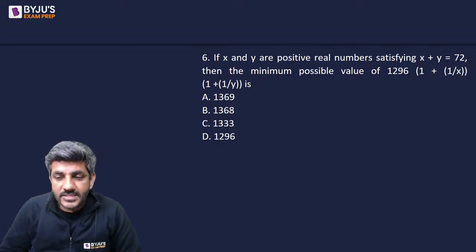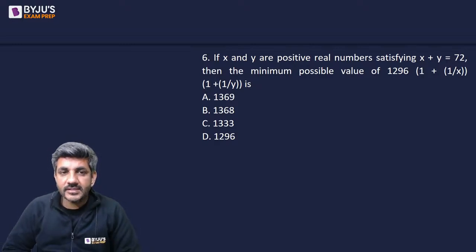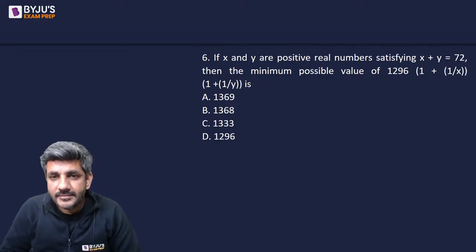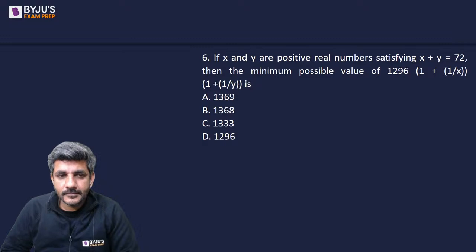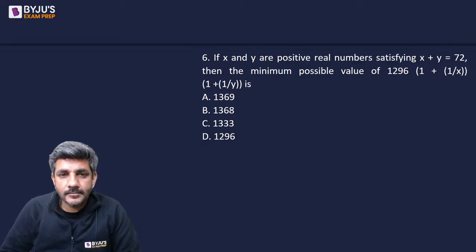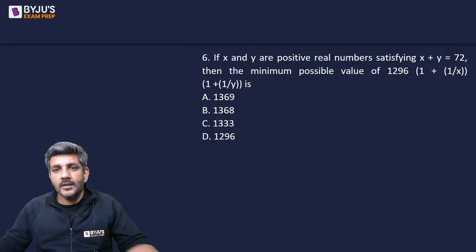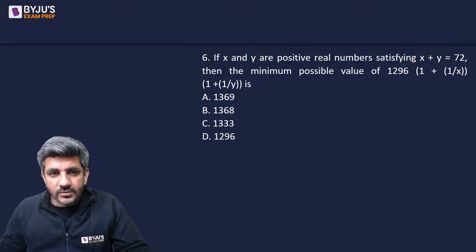Anyone else for question number 6? Music Core has already answered as option A, which is 37 square. Okay, then let's do this.